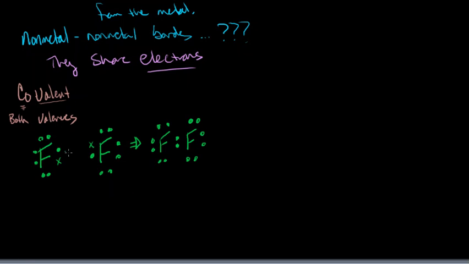These two electrons become covalent. They get shared so that this fluorine has all 8 electrons, and that fluorine has all 8 electrons because of these 2 electrons in the middle.